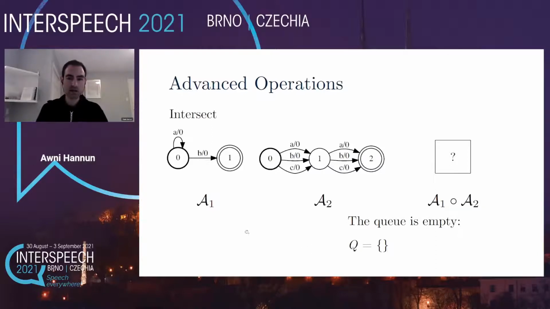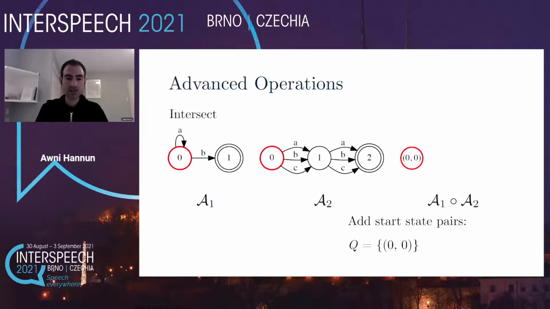So again, we're trying to compute the intersection of A1 and A2, the same two graphs which we looked at earlier. And we start with this empty queue. Now the first step that we said was to take the pairs of start states. So in this case, there's only one such pair, 0, 0.